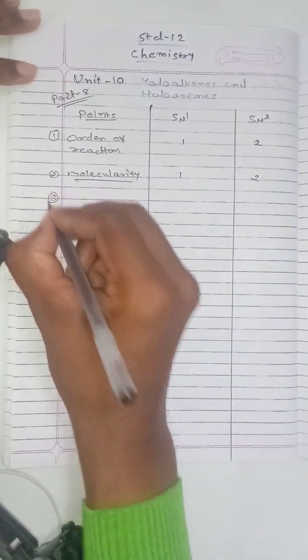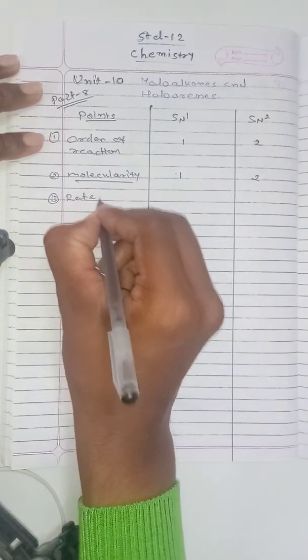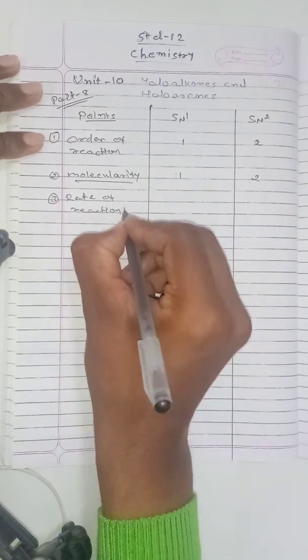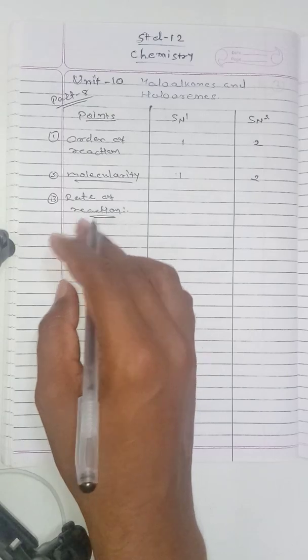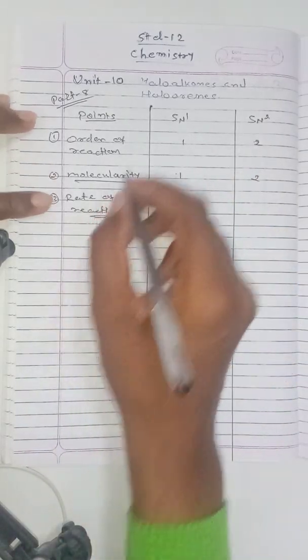Point number 3, that is the rate of reaction. SN1 reaction is independent of the concentration of nucleophile.